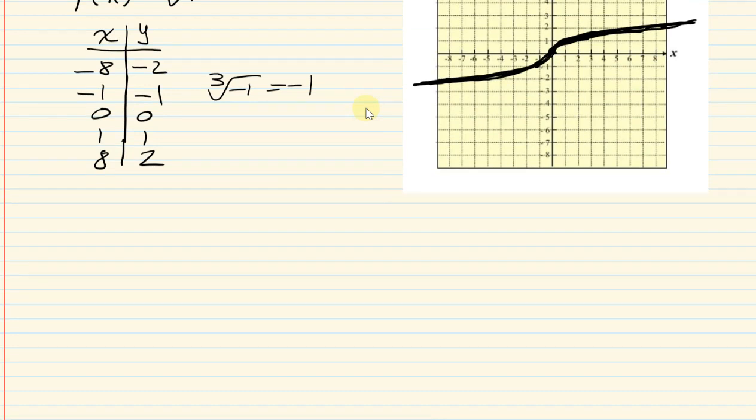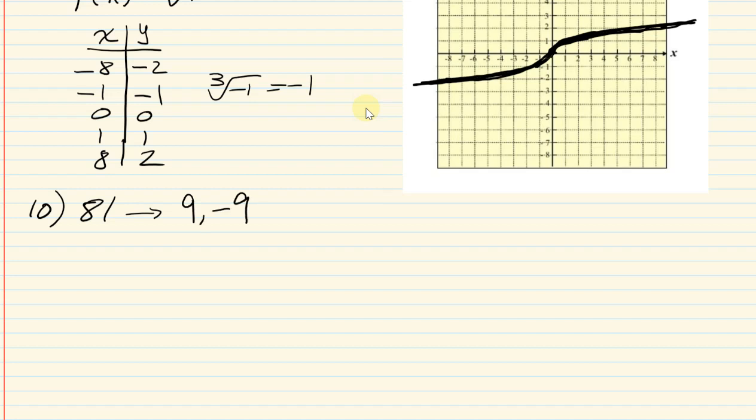So for instance, let's take a look at number 10. Here we want to find all of the square roots, both square roots of 81. That means a number squared is 81. That's going to be 9 and negative 9, right?